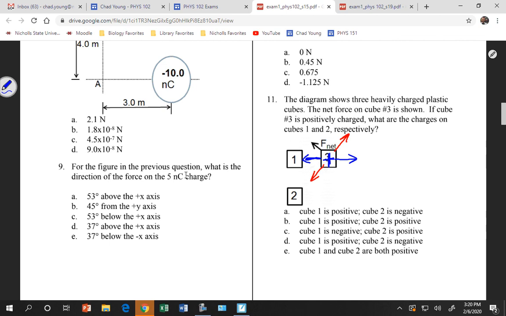And so what 2 sets of vectors, what blue and red vector will give me that net force? They're going to bracket it, right? So it has to be these two. And in order to give me those two, this charge has to be positive, and what does charge 1 have to be? It has to be negative. So cube 1 is negative, cube 2 is positive. C.